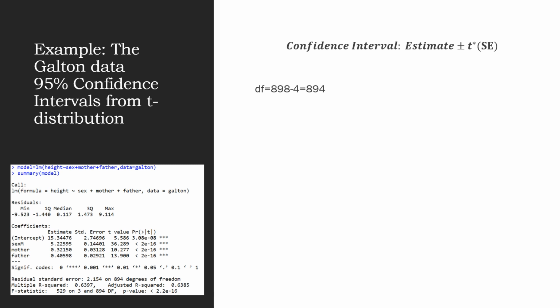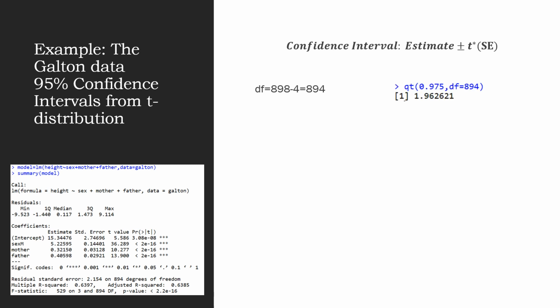So first of all, since I have 898 as my sample size in the Galton data set, and I've estimated 4 coefficients, the intercept plus sex male, mother and father, so that's 4 total things. So I take 898 minus 4, gives me 894 degrees of freedom.